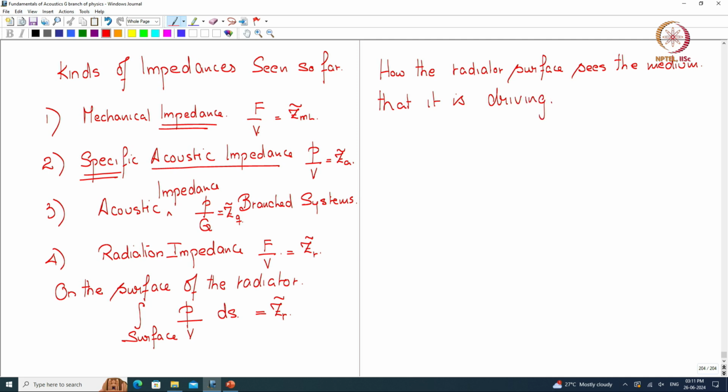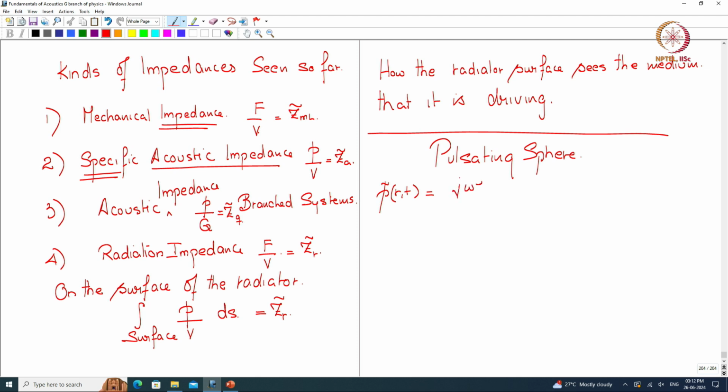Now let's look at this pulsating sphere. The pressure at a radius r at a time t was given by j omega rho 0 over 1 plus jka, times q by 4 pi r, times e to the power of j omega (t minus (r minus a)/c), that is, e to the power of j omega t minus k(r minus a).